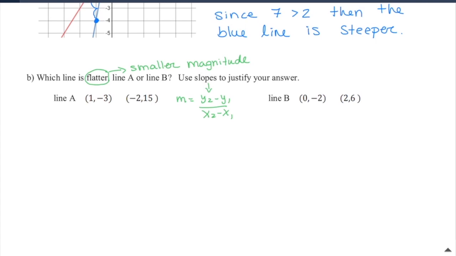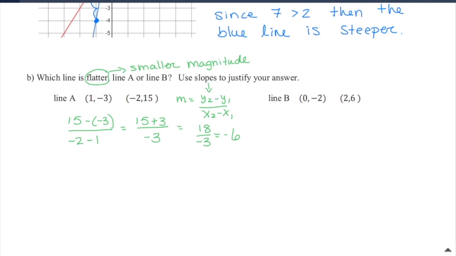First, I'll do line A. So 15 minus negative 3 over negative 2 minus 1. 15 minus negative 3 is the same as 15 plus 3. Negative 2 minus 1 is negative 3. So I have 18 over negative 3. Negative 6 is the slope of line A.